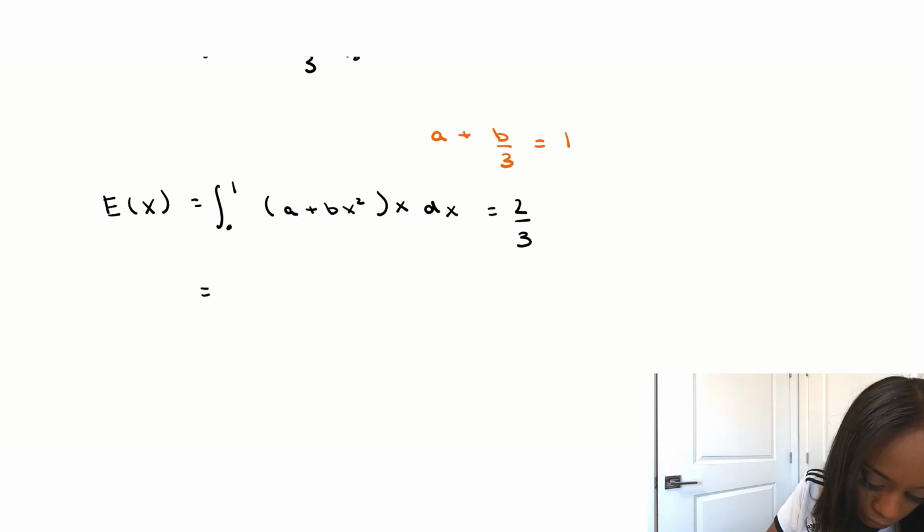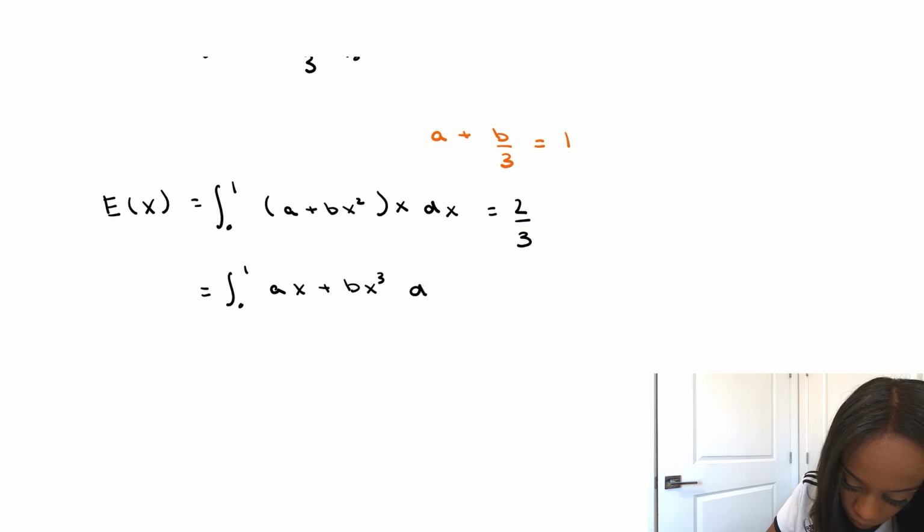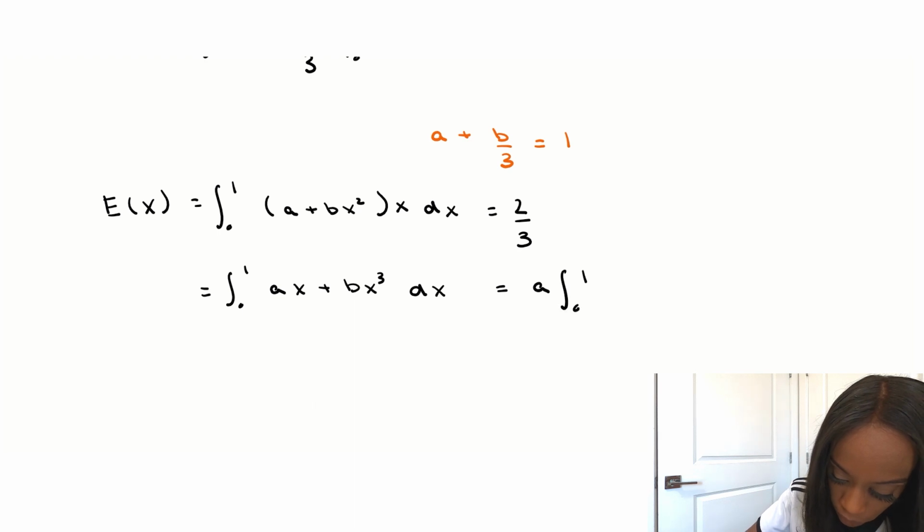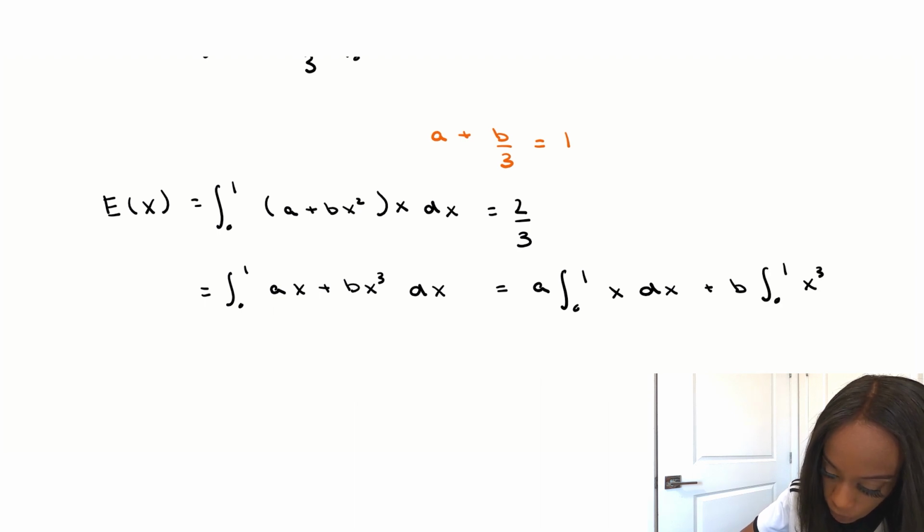So the first thing that I'll do is distribute x to get the integral from 0 to 1 of ax plus bx cubed. Next, I'll give each of these terms their own integral and then factor out the constants, which gives us a times the integral from 0 to 1 of x plus b times the integral from 0 to 1 of x cubed.